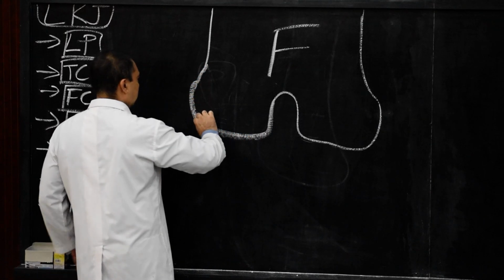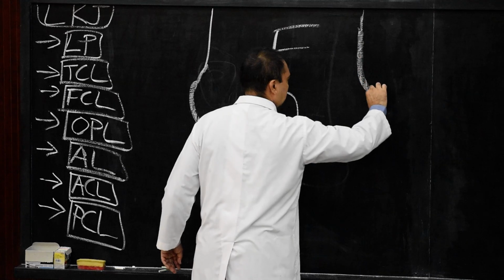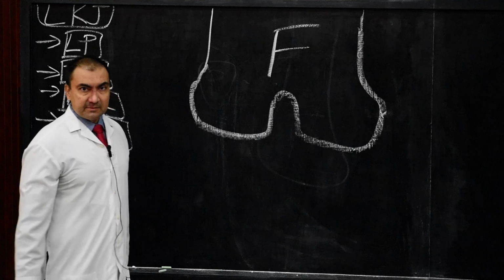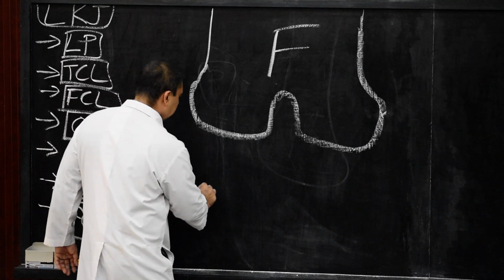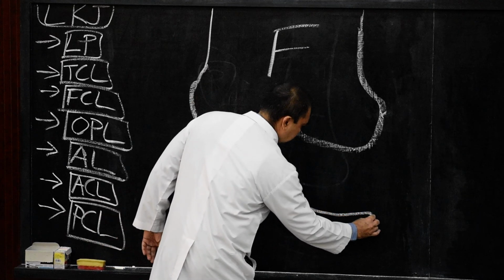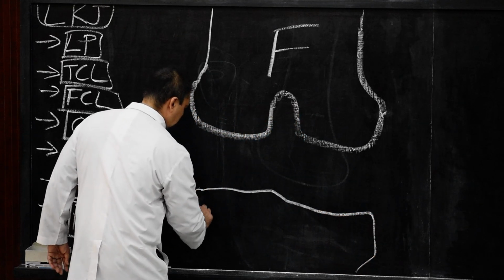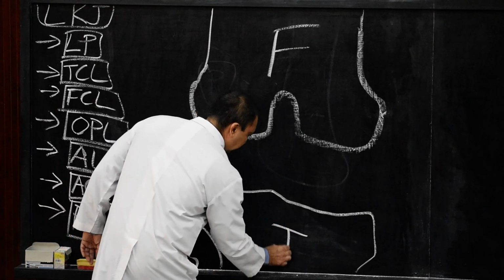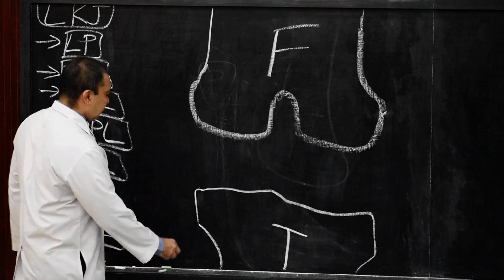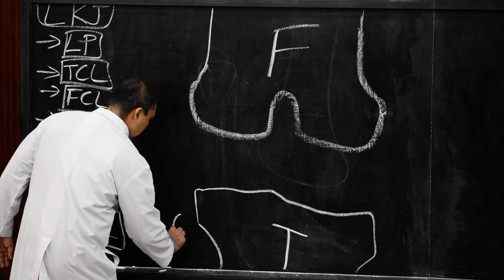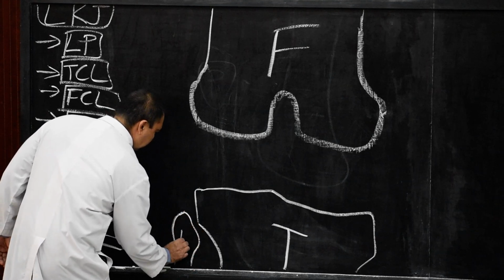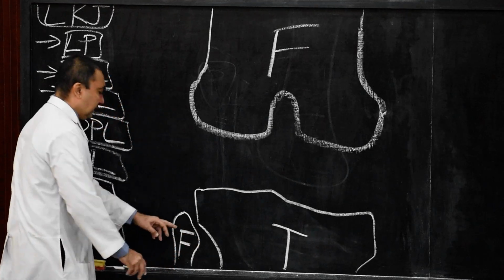Over here, this will suffice as the medial and lateral epicondyles. Similarly below, we are going to draw the tibia. On one side we are going to draw the fibula, and here I am going to write down the head of the fibula.